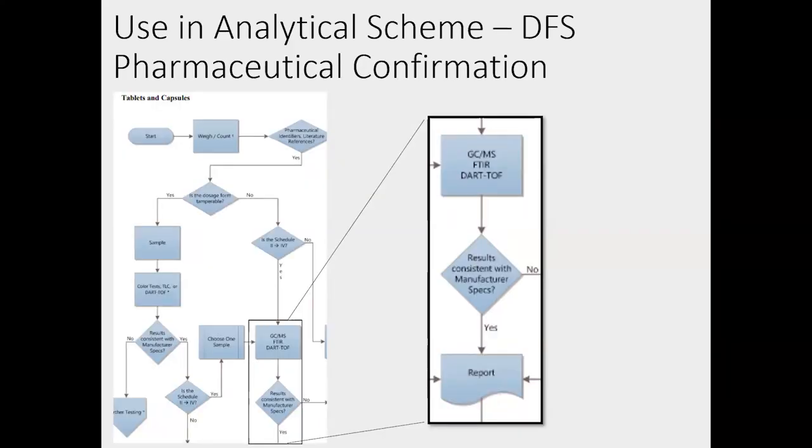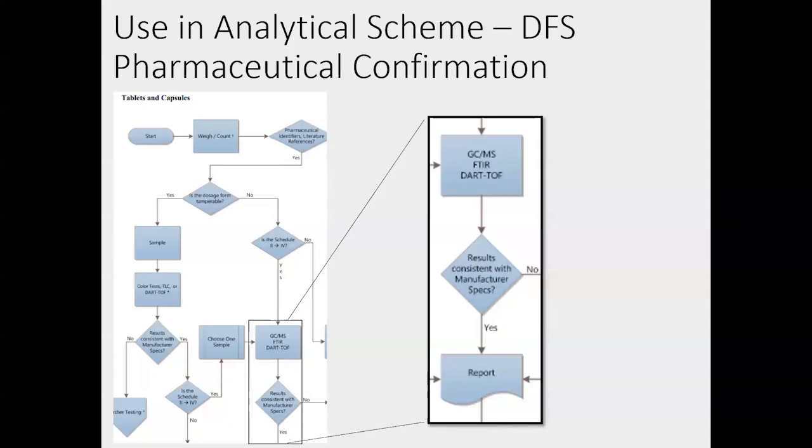Now, I talked about how we're primarily using this as a screening tool, but something else that we have also been utilizing and have validated is using it for confirmation of pharmaceutical cases. Where that comes into play in our analytical scheme is after we've conducted a visual identification and looked at the markings to determine what the manufacturer is indicating is present.